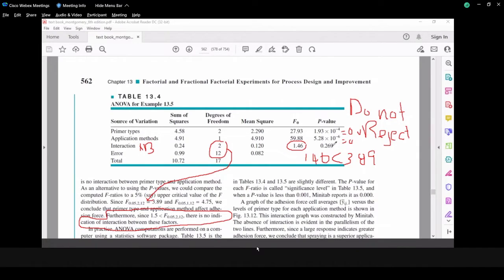And since 0.269 is greater than alpha 0.05, that means a similar conclusion: there's not enough evidence that an interaction exists between primer type and application method.